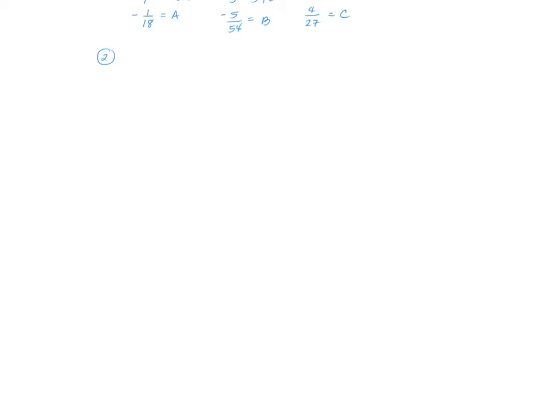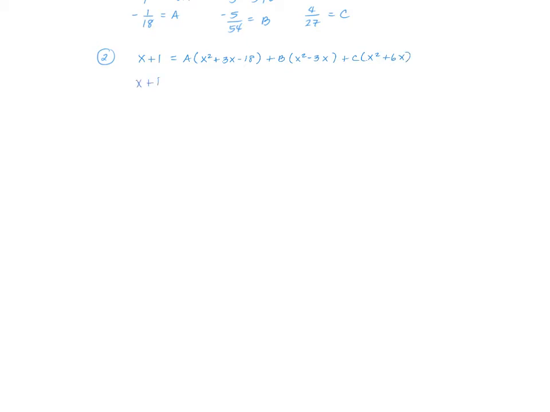I have x plus 1 is equal to a, and I'm going to multiply these first two polynomials together and get x squared plus 3x minus 18, plus b times x squared minus 3x, plus c times x squared plus 6x.